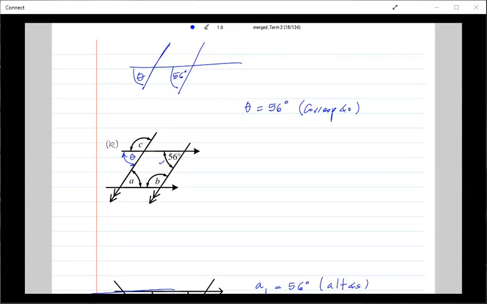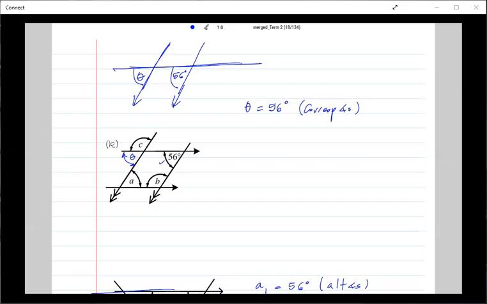So these are my parallel lines, parallel line, parallel line. This is my transversal. Here, 56 is the bottom left angle. Over here, theta is the bottom left angle. The two angles are in the same position when parallel lines are cut by a transversal. Therefore, the two angles are equal. They are called corresponding angles.